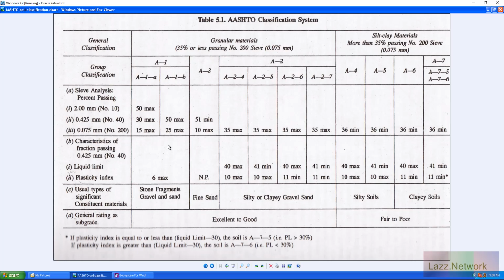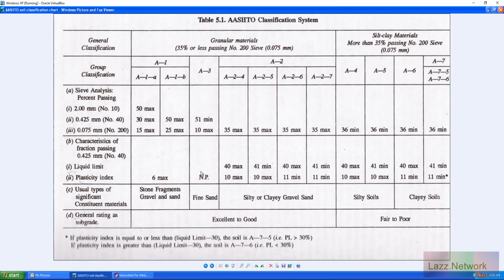If we check out our A1B, obviously, as you see, it's getting a bit looser now. So we can have 50% maximum passing on our number 40, but no more than 25% maximum passing the number 200 sieve. If we check out our A3 material, which is just fine sands, for one, it should be non-plastic.